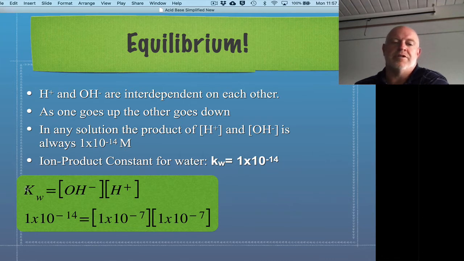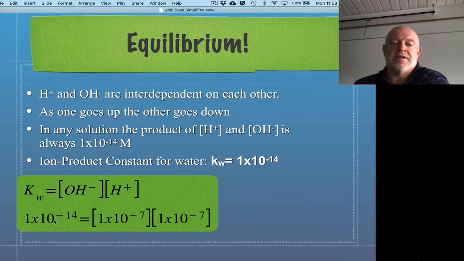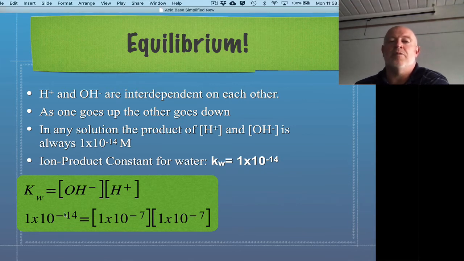We call it Kw because it's a Keq, or equilibrium constant, but it's very specific to just water. So we actually give it a special designation as Kw. And it's always 1 times 10 to the negative 14. Okay? Again, look at this number. It's tiny. Meaning, remember, K values that are smaller than 1 are reactant favored. This is heavily reactant favored, almost all water.